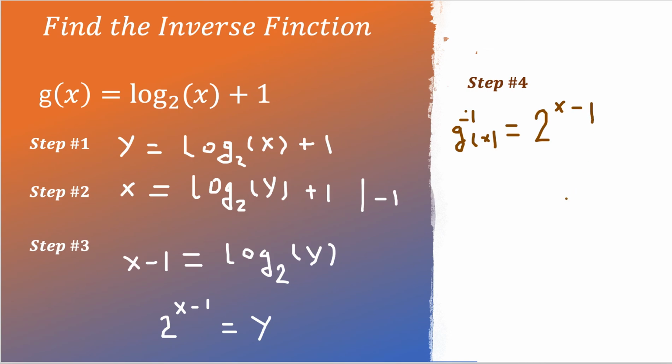So we already got the function. f of x was 2 in exponent x minus 1, and we got the inverse function log base 2 of x plus 1, which means those are inverses of each other.